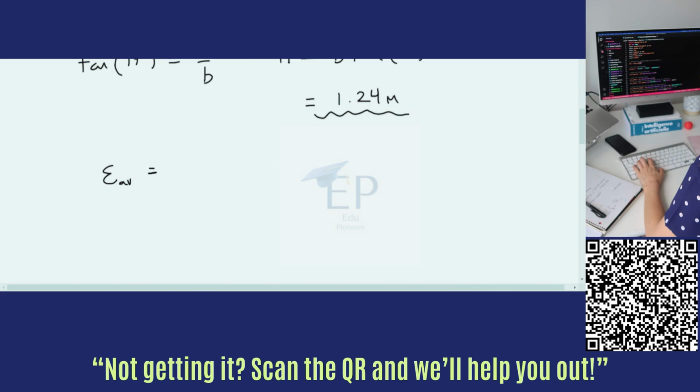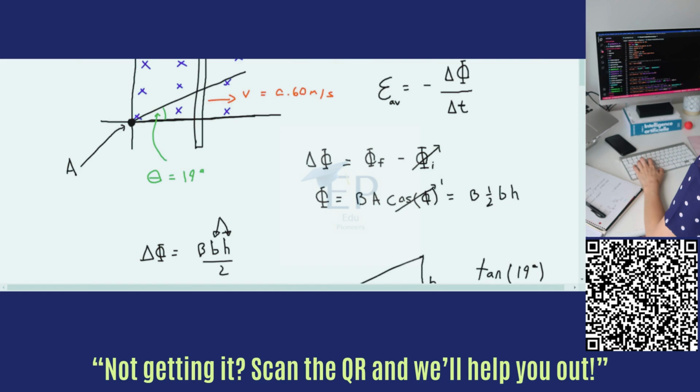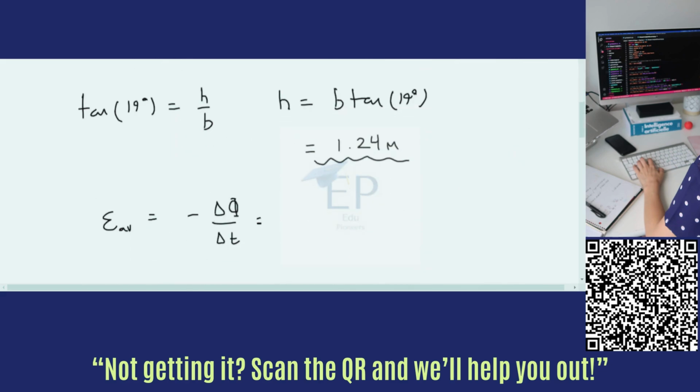The induced EMF is equal to minus the change in flux over the change in time, where our change in flux is just B times 1/2 bh. So we'll have minus B times little b times h over 2 over delta t. So I'll have a 2 times delta t in the denominator there.